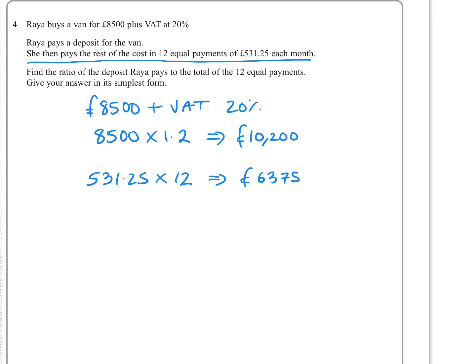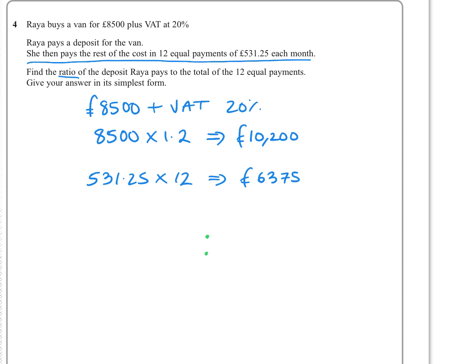£6,375. And what you have to do is find the ratio of the deposit Rhea pays to the total of the 12 equal payments. So let's have a look at that.